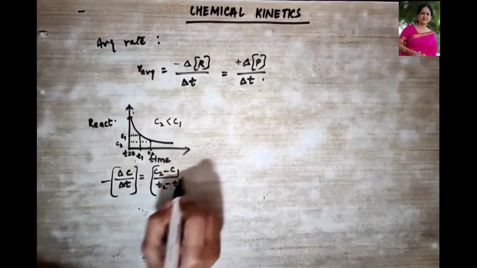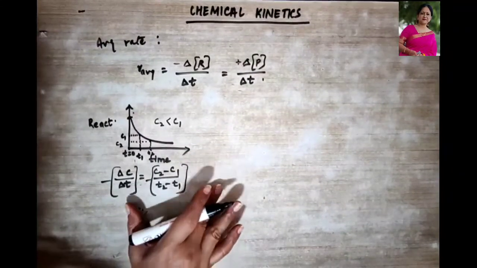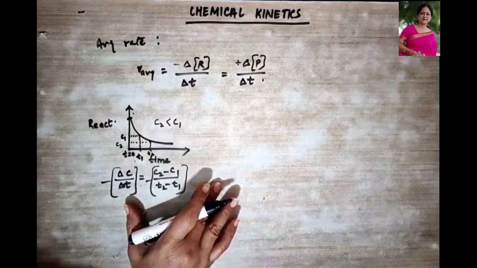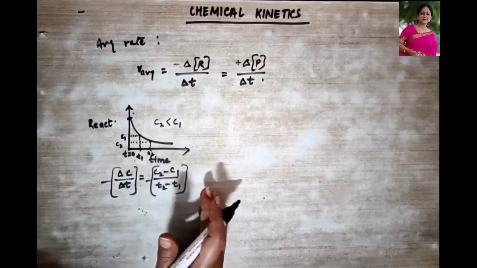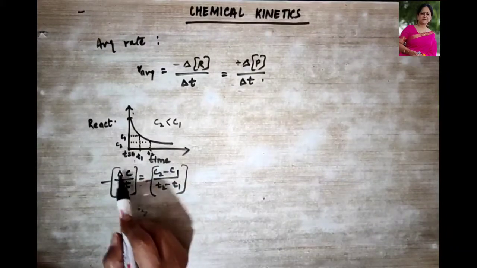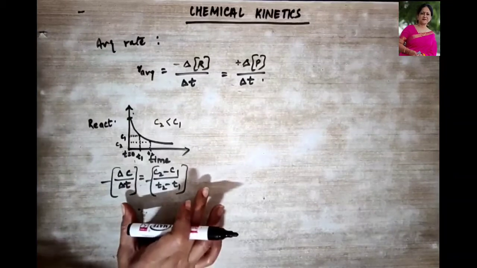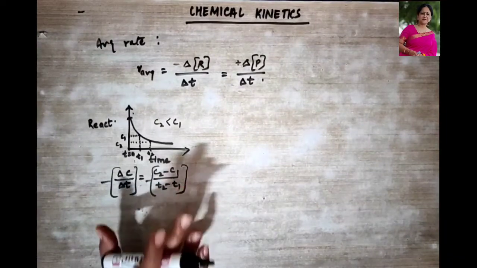We put a minus, and therefore this also becomes minus, right? So the average rate of consumption of reactant will always be shown how? With the delta, right? That is delta C over here. In the finite time, we are going to show it with the delta.